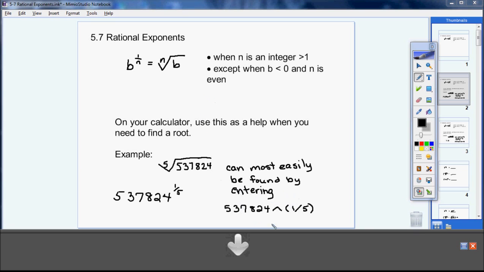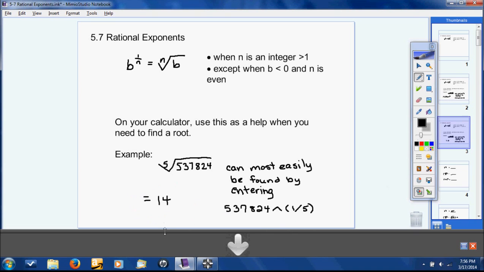To me, it's a little bit easier to remember because all the keys are showing when you use the fractional exponent. Just a little bit easier on these strange roots. When we put that in, we find out that the fifth root of 537,824 turns out to be 14. It's a nice whole number. That's a very nice little trick you can use on your calculator based on the definition of a fractional exponent.